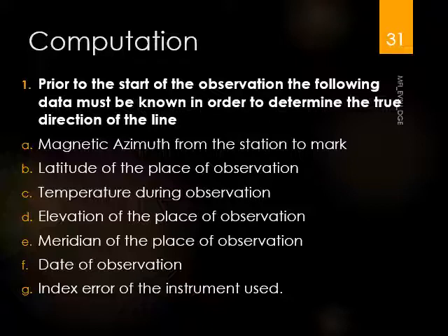You can use your cell phone, your Google Map, your Google Earth. It can display and give you the latitude of your place of observation, the temperature during the observation. Anyway, you can use your cell phone. Then the elevation of the place of observation, the meridian of the place, the date of observation, exactly the date and the hour, and the index error of the instrument used, especially if you are using the theodolite or the transit.